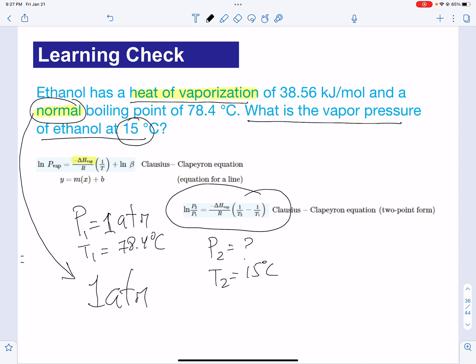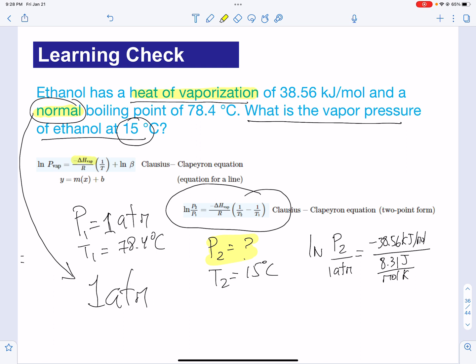So what do we have? We're going to have the natural logarithm of P2. That's what we are looking for, that's our unknown, over P1, which is 1 atmosphere, equals negative 38.56 kilojoules per mole over 8.31 joules per mole Kelvin.